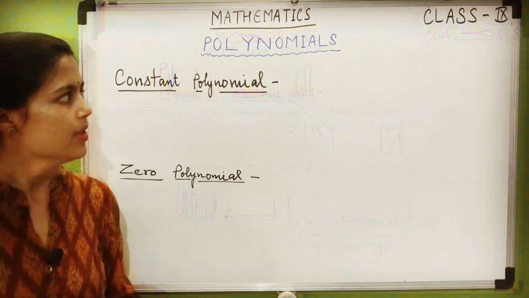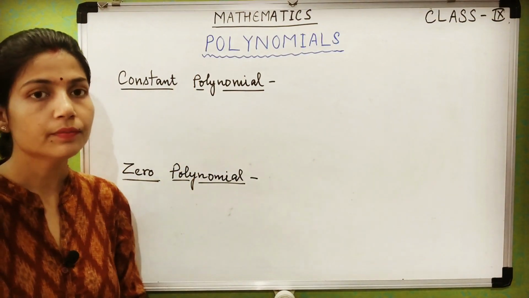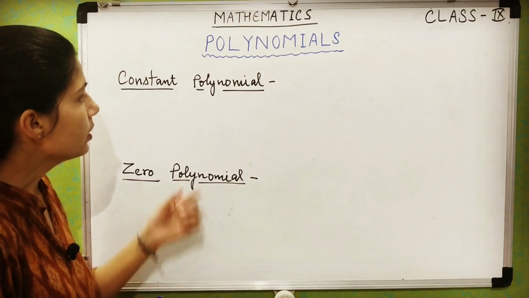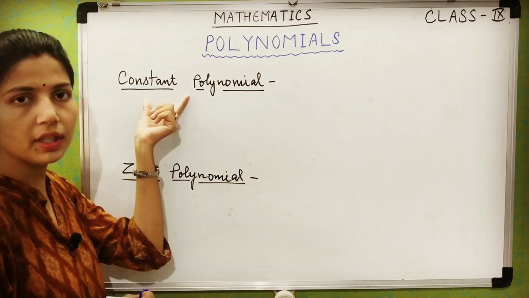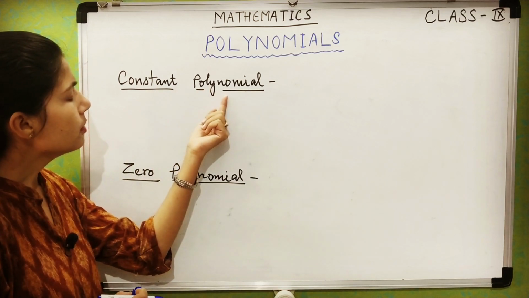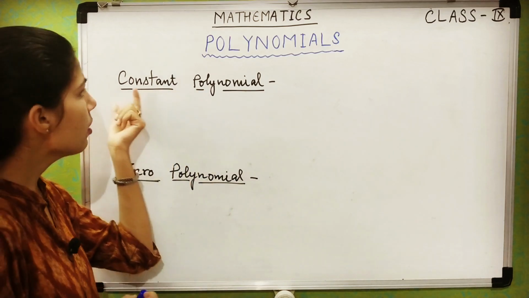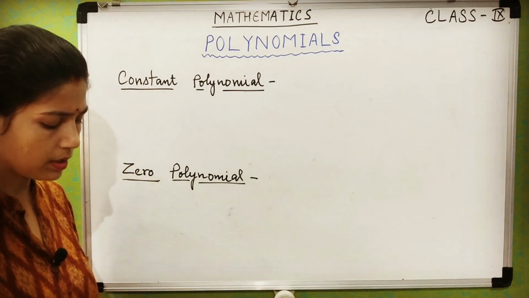Let's understand now the constant polynomial and the zero polynomial. Constant polynomial, as the name indicates, means any polynomial which is made up only of a constant.